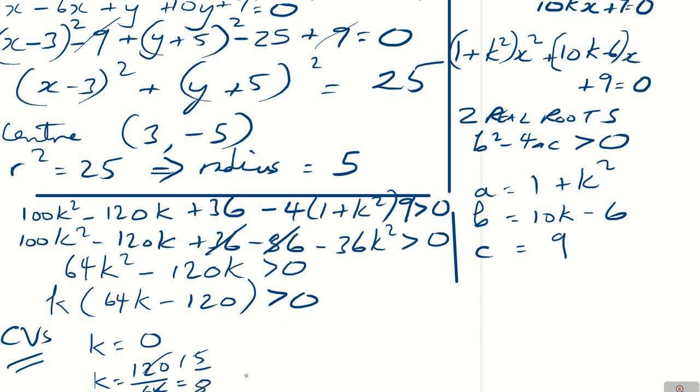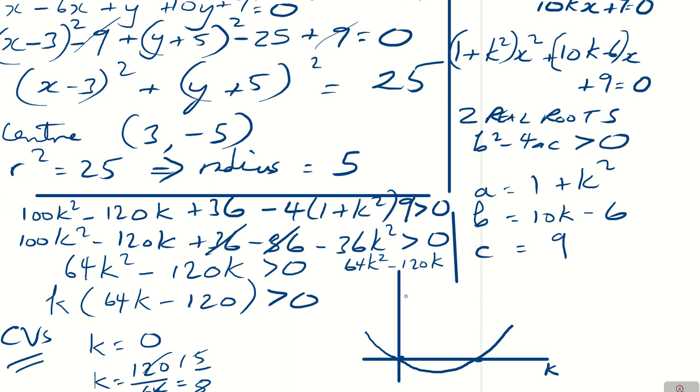15 over 8. And if we think about a sketch of what this will look like, if this is k and this is 64k squared minus 120k, critical values at 0 and 15 over 8, it's a positive k squared, so it's going to look something like that, which means that because we want it to be bigger than 0, we want that part there and that part there.